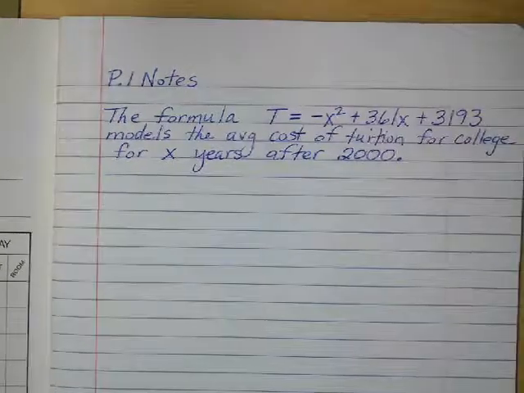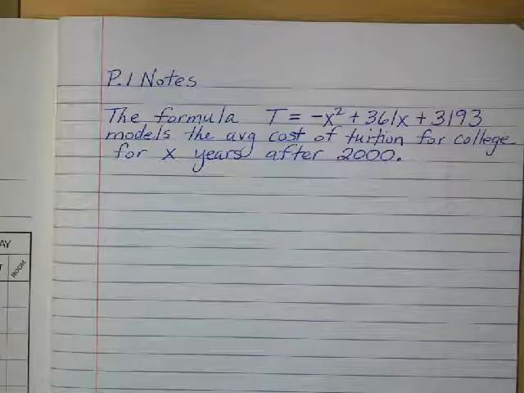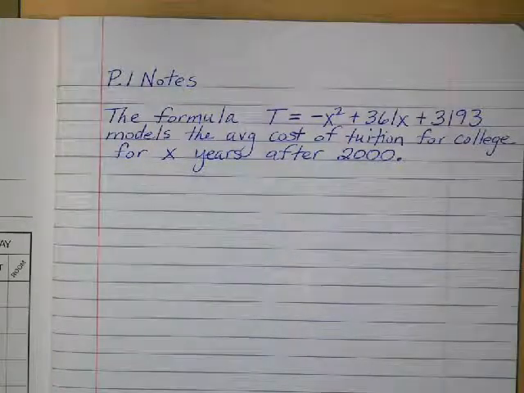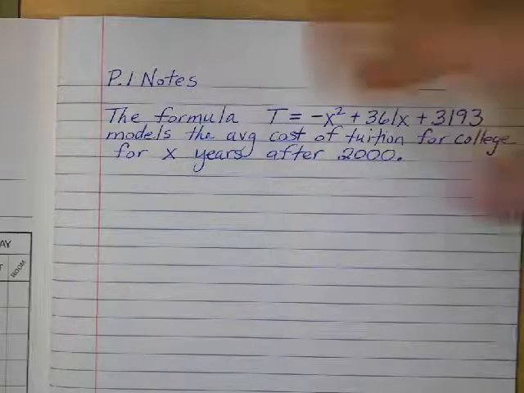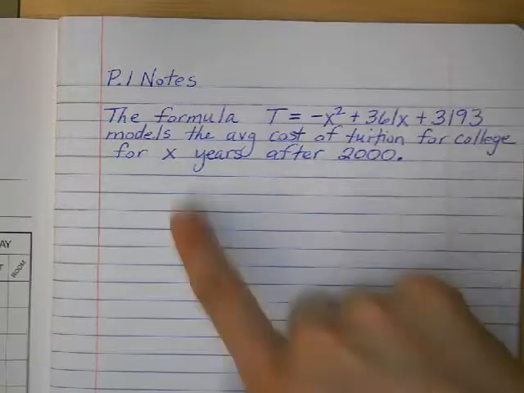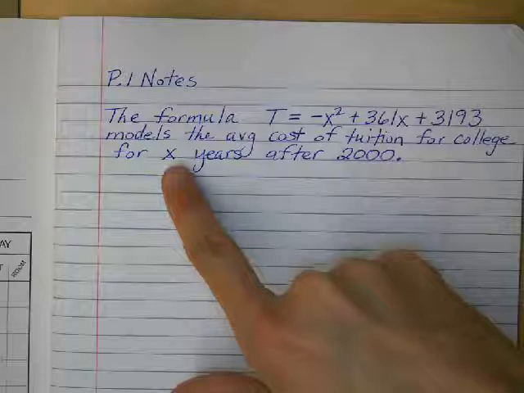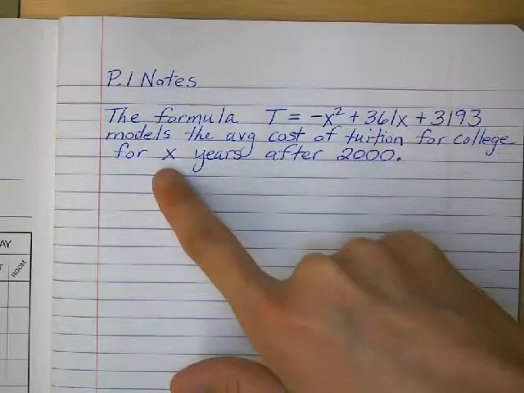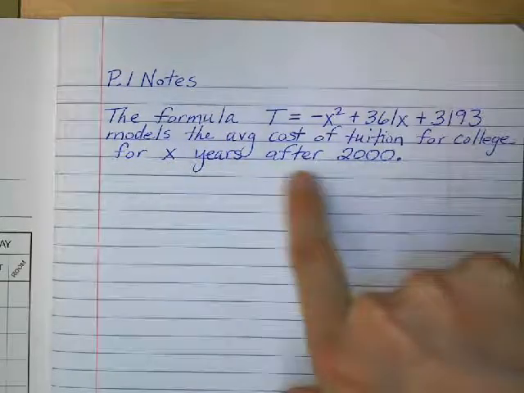Okay, so I know you've seen formulas before, and it's just a matter of knowing what to do and knowing what the letters stand for. So at the end they said X years. See, the X in the problem stands for years. X years after 2000.